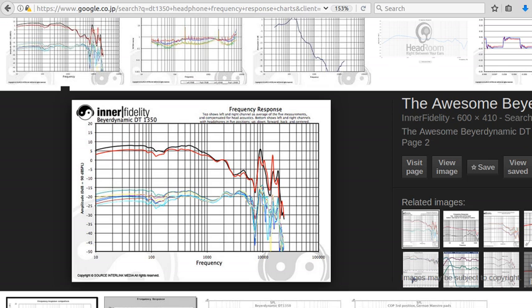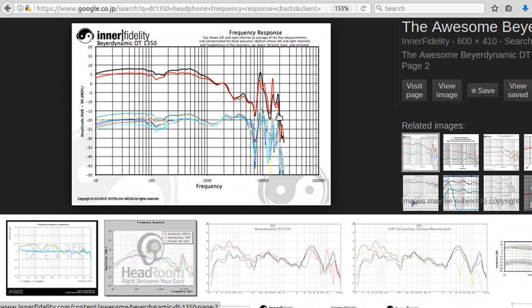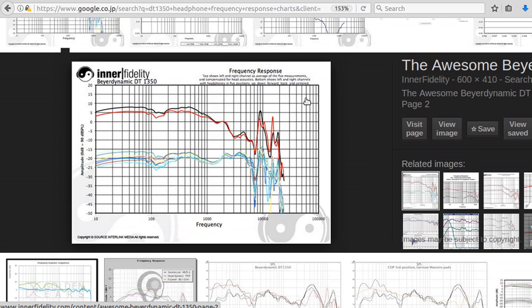So we know that, put simply, the headphones frequency response curve is not equal to the headphone sound quality. It can tell a lot about the sound signature, but it's not equal to the headphone sound signature. Far from completeness.